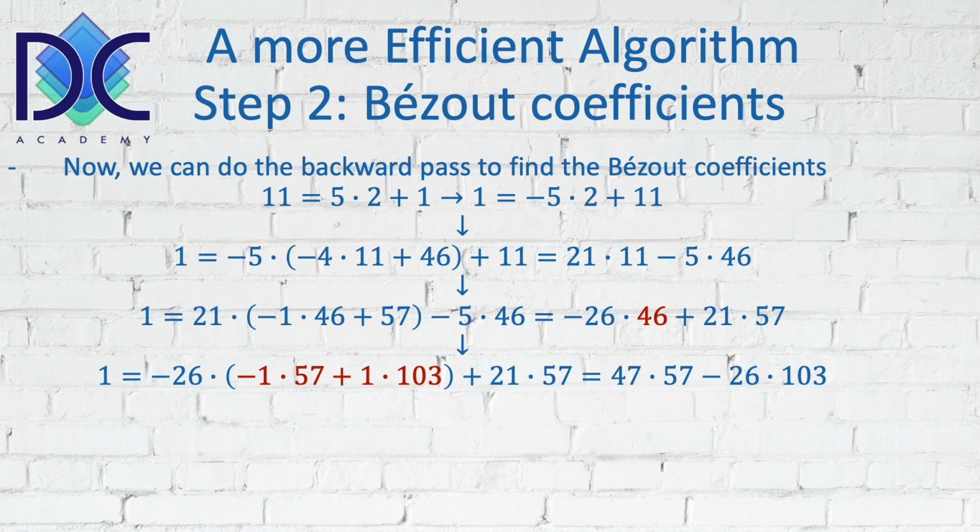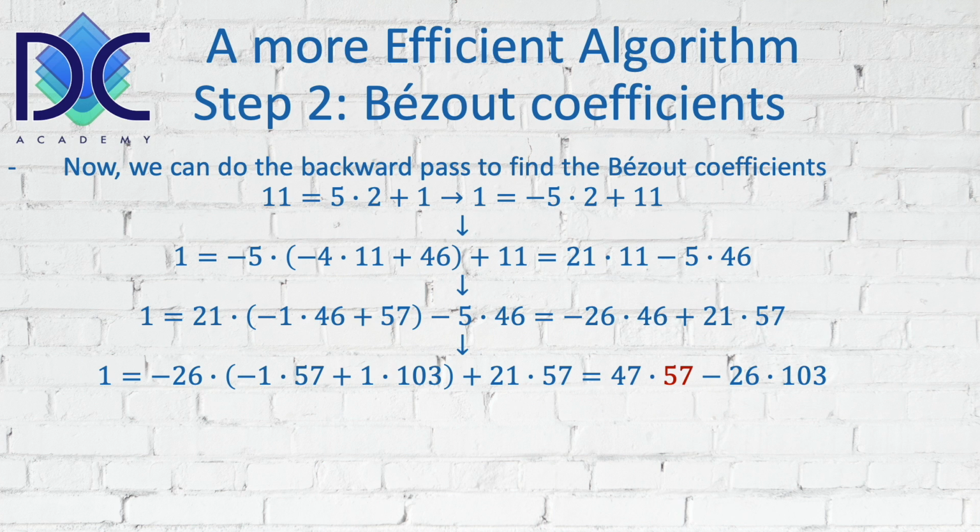Now we find here 26 times 57 minus 26 times 103 plus 21 times 57. So when we have the parameters with 57 together, we find the 26 plus the 21 is 47, which gives us 47 times 57 minus 26 times 103.